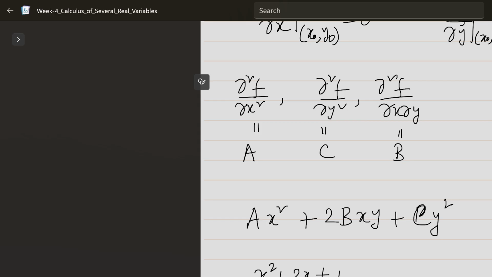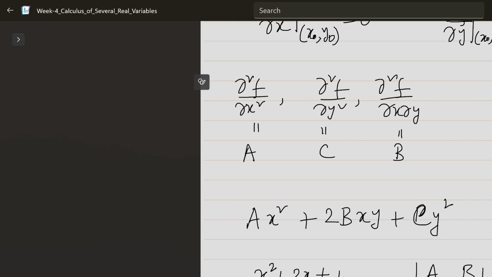In this case, if A is greater than 0, it's a minimum at that point. If A is less than 0, it's a maxima at that point. This is called the discriminant or Jacobian or determinant or Hessian matrix, whatever. This matrix, whose determinant is A, B, B, C, is AC minus B square.